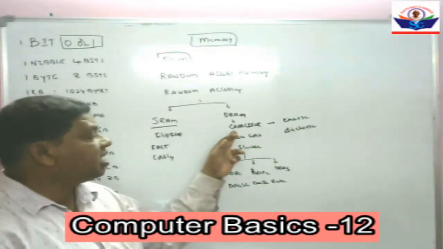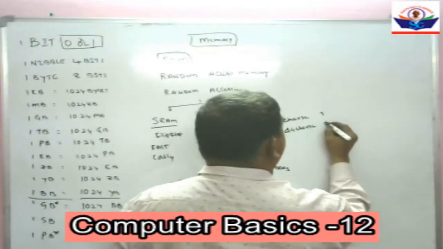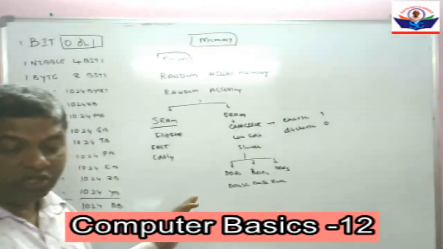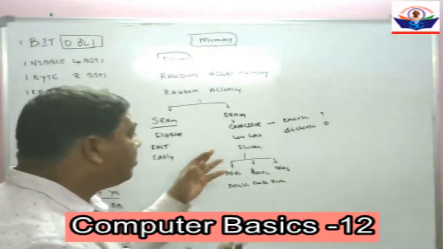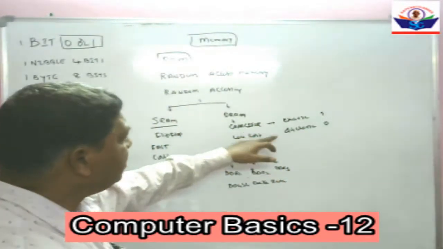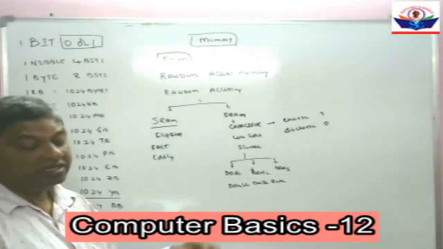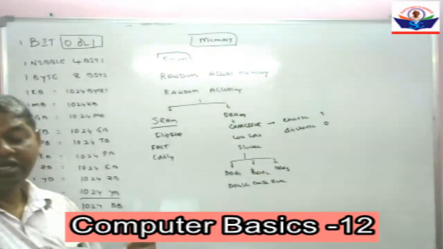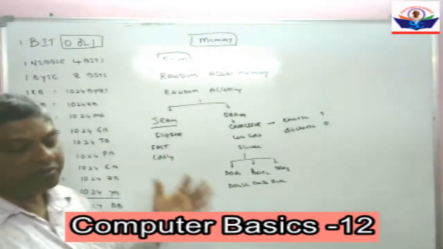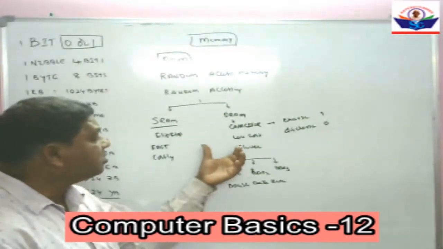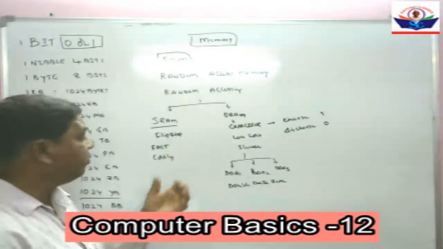If we charge the capacitor, it indicates 1. If we discharge it, it is 0. As the capacitor discharges, we have to refresh it to recharge. That is why there are so many refreshes, it takes so much time, and so it is slower. Whereas in SRAM, no need to refresh.